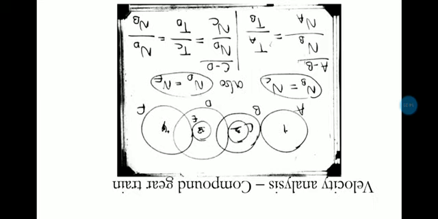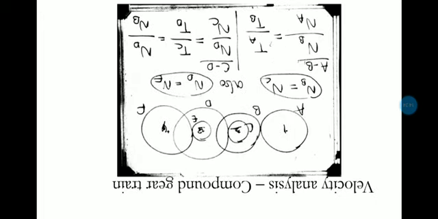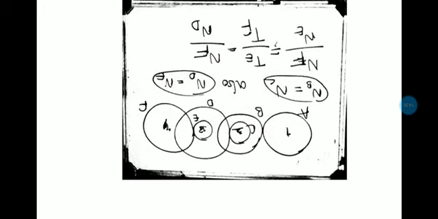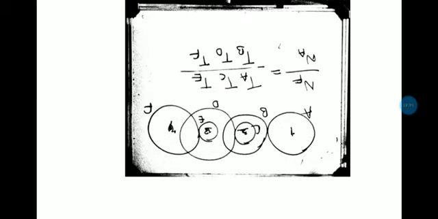You will get NF by NA. On the right side, TA by TB, second case TC by TD, third case TE by TF. You cannot cancel anything because these are numbers of teeth, not speeds. So finally you will get NF by NA equal to TA, TC, TE divided by TB, TD, TF.